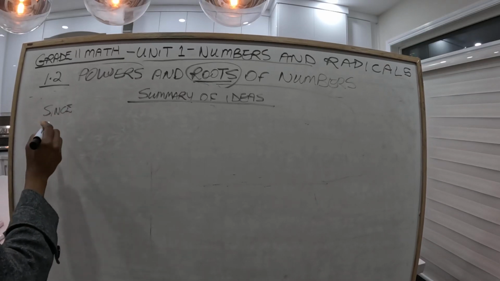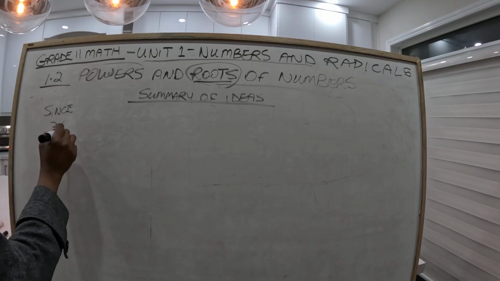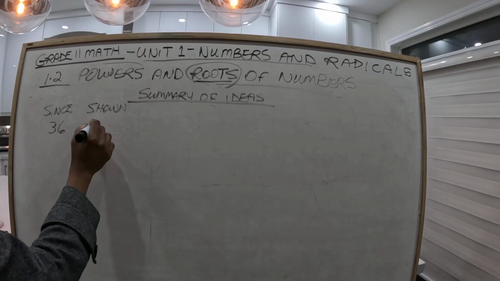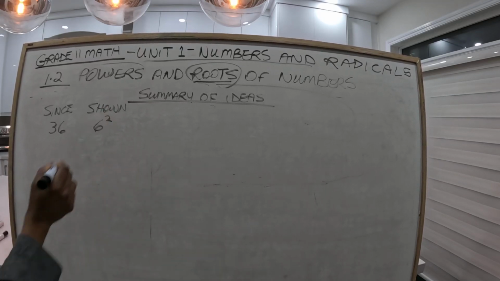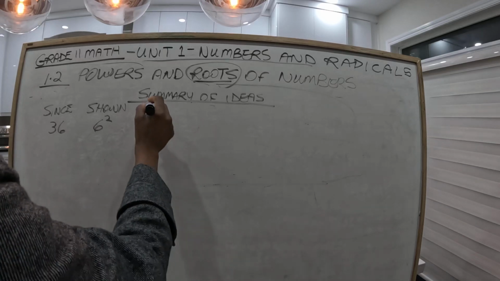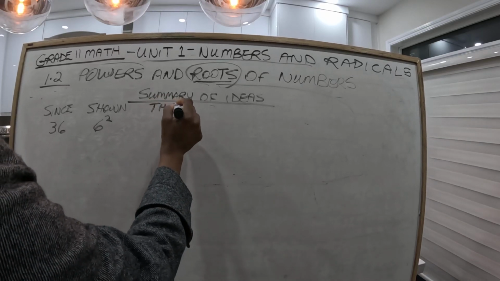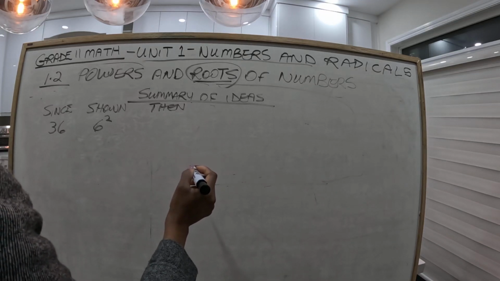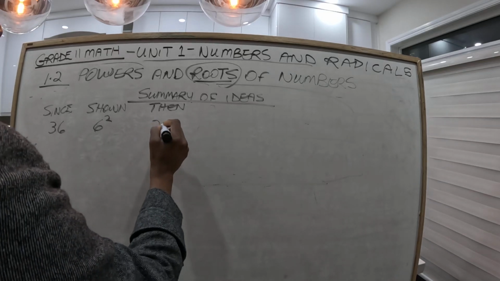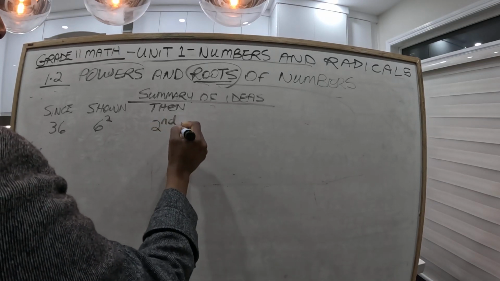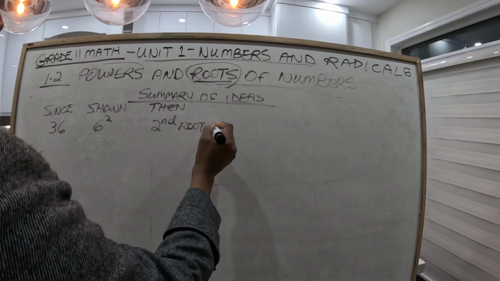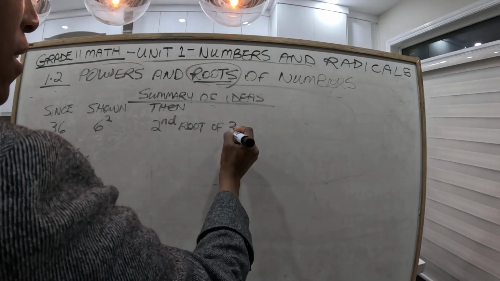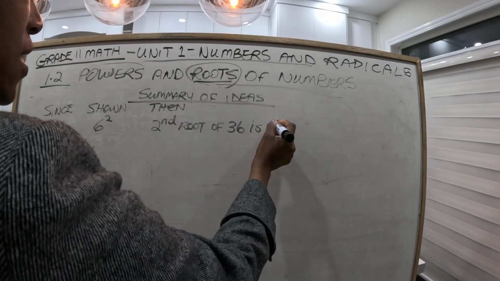So since 36 is shown as 6 to the power of 2, then the second root of 36 is 6.